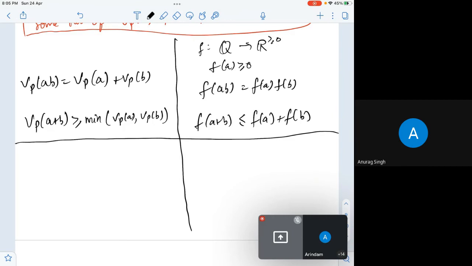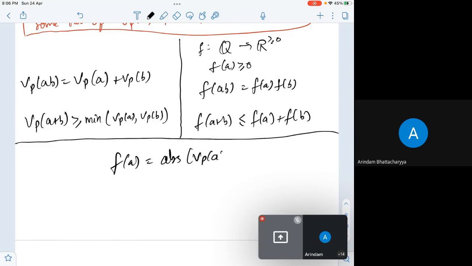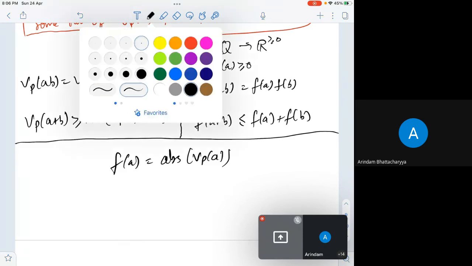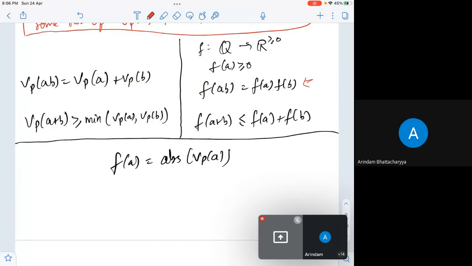Consider modular. What do you mean by absolute value? Considering absolute value. If we use absolute value here, we can take absolute value of VP of A. So you're saying f of A equal to absolute value of VP of A? Yes. That does not satisfy this thing.